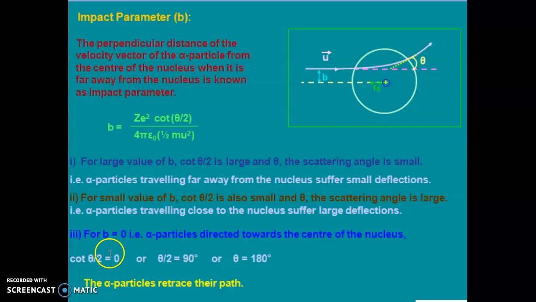This is the case when the alpha particle retraces its path by 180 degrees, coming back in the same direction. For the third case, b equals 0, meaning the impact parameter is 0, and the alpha particle is directed towards the center of the nucleus, following this central line. For this, cot theta by 2 is 0, so theta by 2 equals 90 and theta equals 180 degrees, meaning the deflection will be 180 degrees.